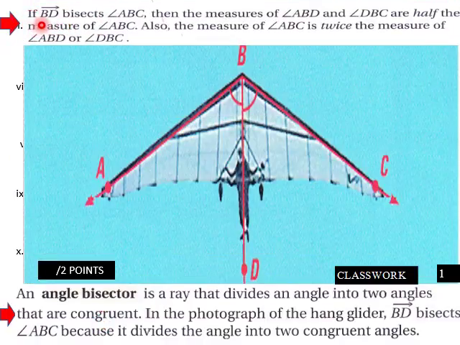If ray BD bisects angle ABC, then the measures of ABD and DBC are half of the measure of ABC. So ABD is half of this whole angle here, and CBD is half of the angle as well. Also, the measure of ABC is twice the measure of ABD or DBC.